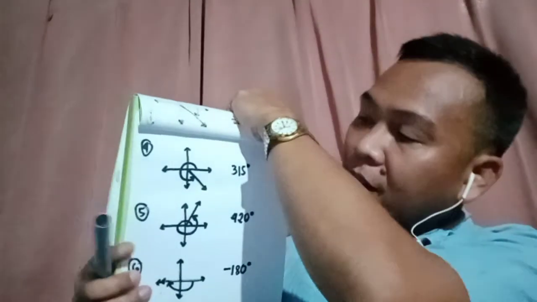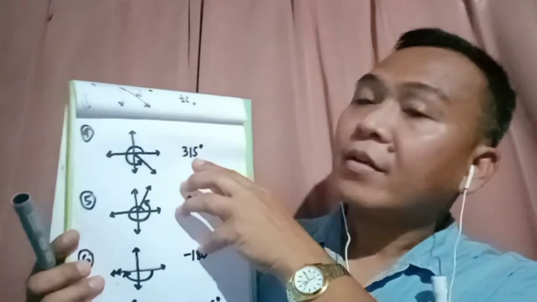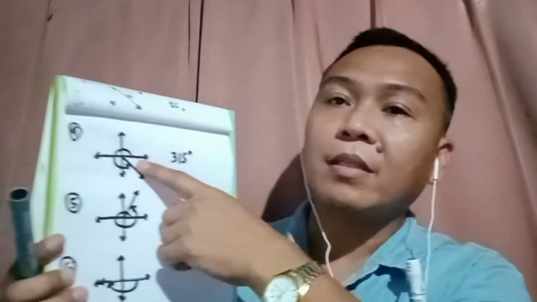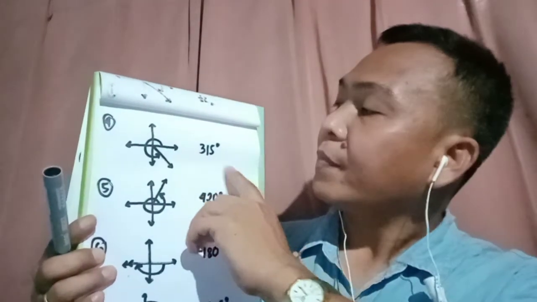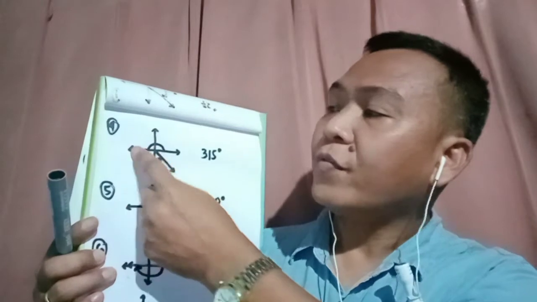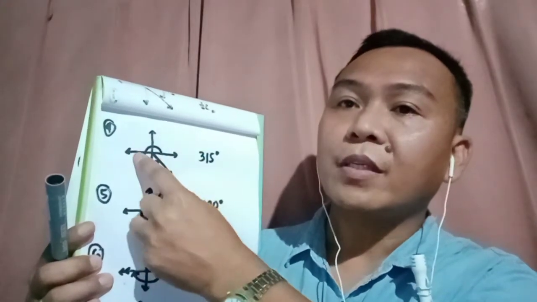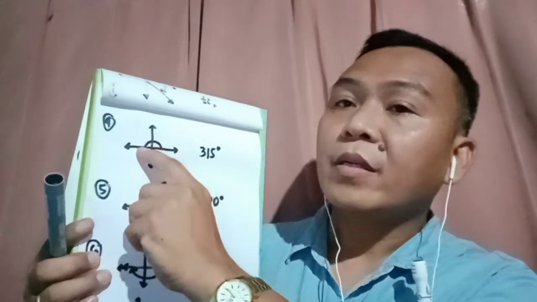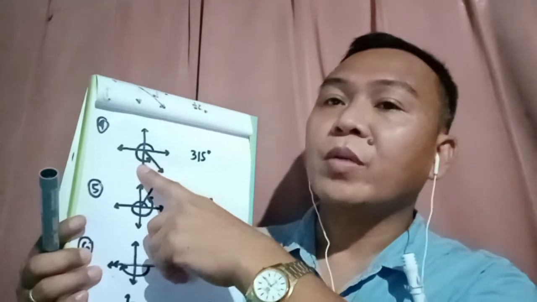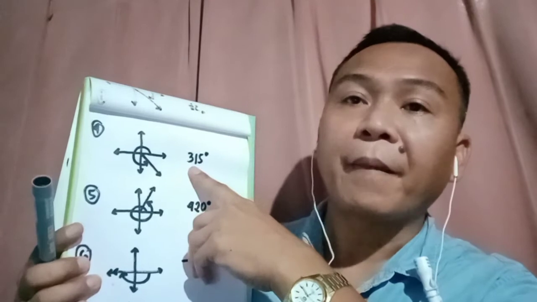Another example, say we have 315 degrees, so we have to illustrate our Cartesian coordinate plane. Then we know that this is 315. Half of this revolution of the angle is 180. This is 270. How much do we need to make 315?